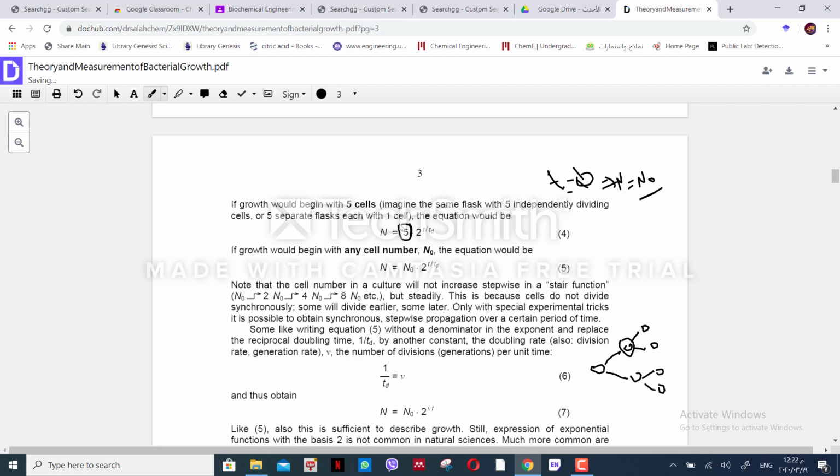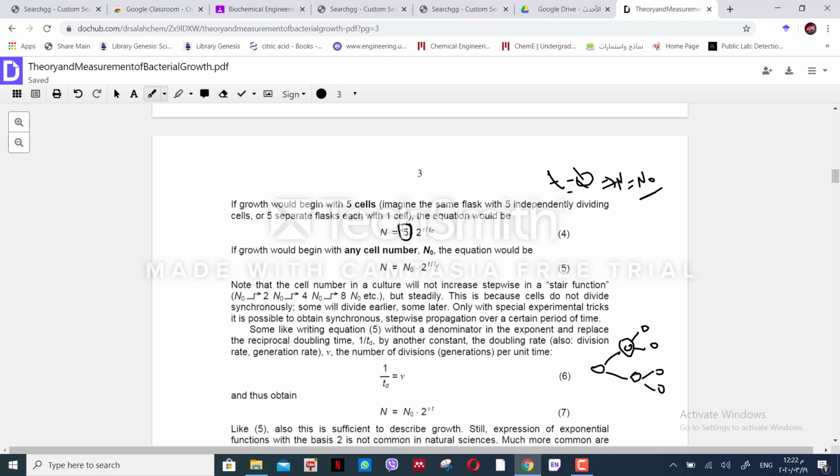These cells may divide faster than those, and so on. That's what we call synchronous. Some will divide earlier, some later. So it is always dividing, but some faster, some slower. Only with special experimental tricks is it possible to obtain synchronous stepwise propagation over a certain period of time.